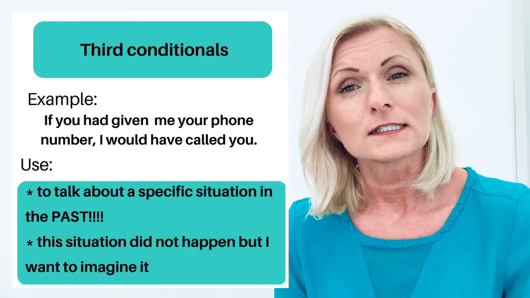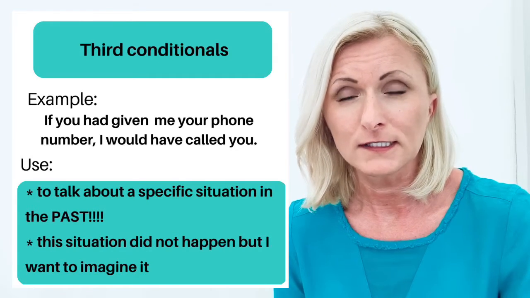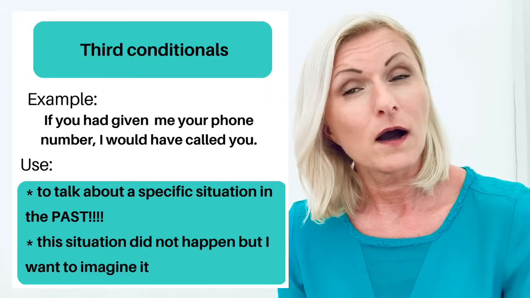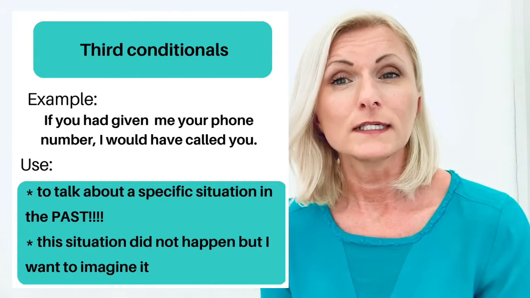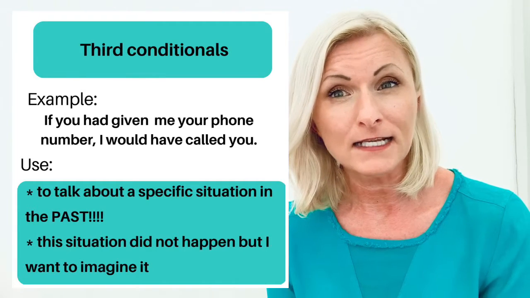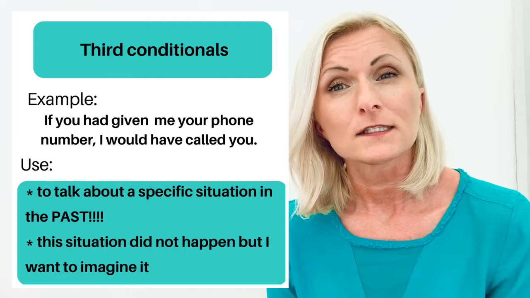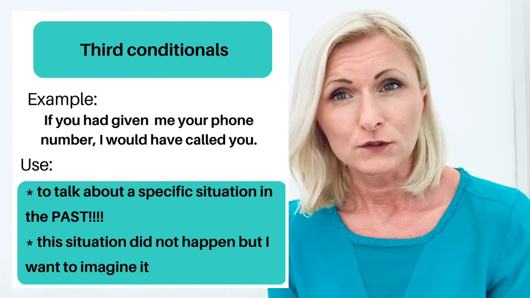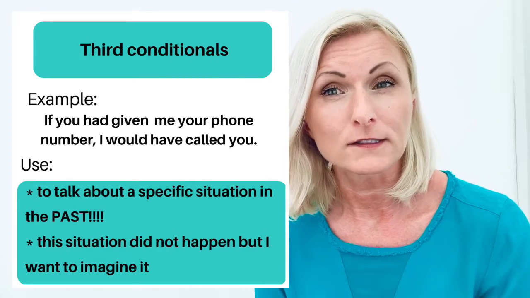They actually describe a situation that didn't happen in the past. So they still describe hypothetical and imaginary situations like we do using the second conditional. But the only difference is that we use the third conditionals to talk about hypothetical situations in the past.